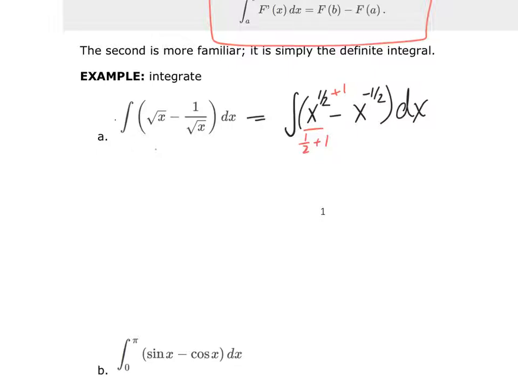So my first term: 1/2 plus 1 is 3 over 2. 1 over 3 over 2 is 2 over 3. So my coefficient on my first term is 2 over 3, x raised to the 3 over 2.